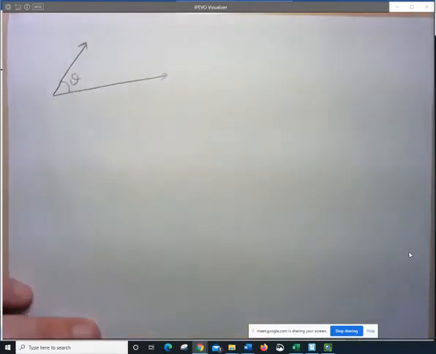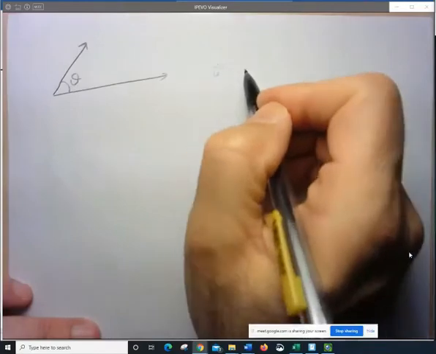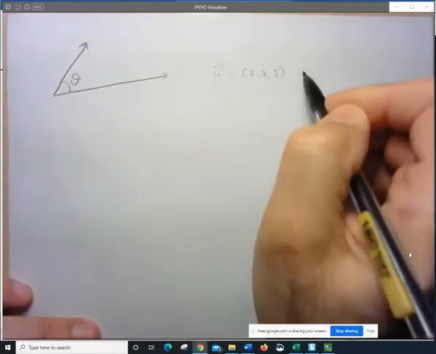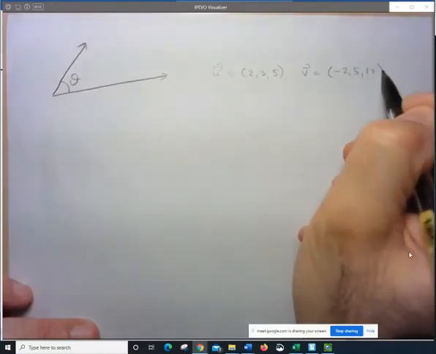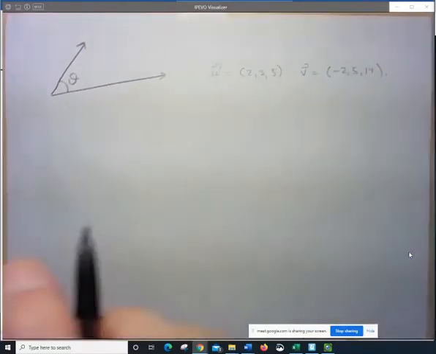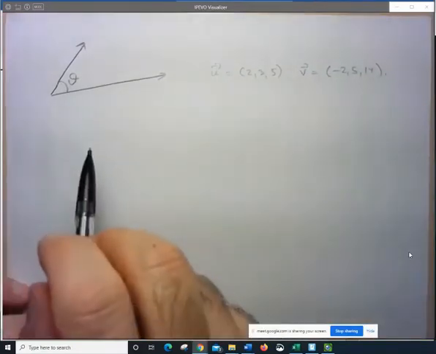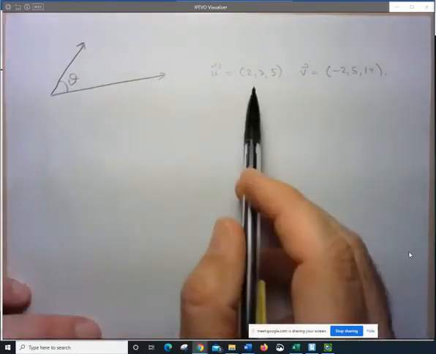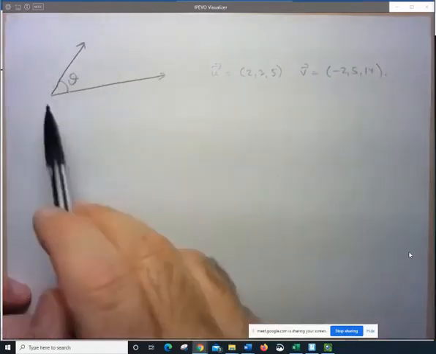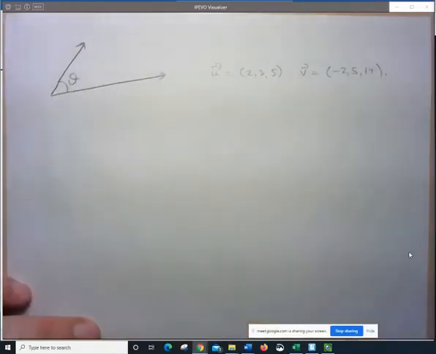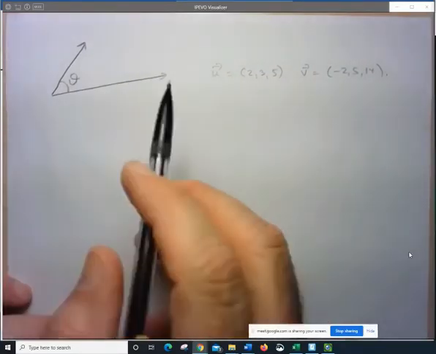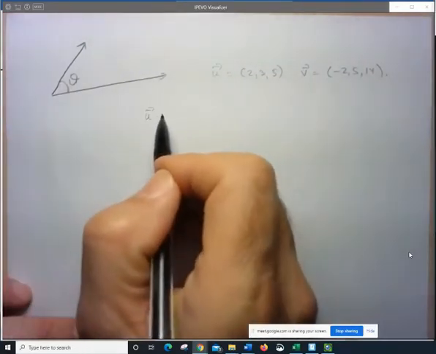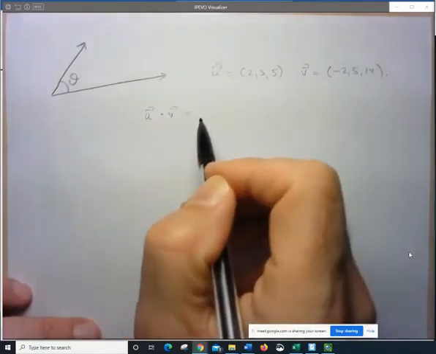But my claim is that now if I have two vectors in 3D, I can use the dot product to determine the angle between these vectors without having to set up a triangle, without having to subtract the vectors, without having to use the cosine law. I am claiming that I can use the dot product.